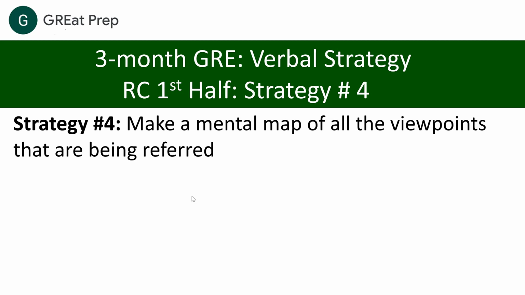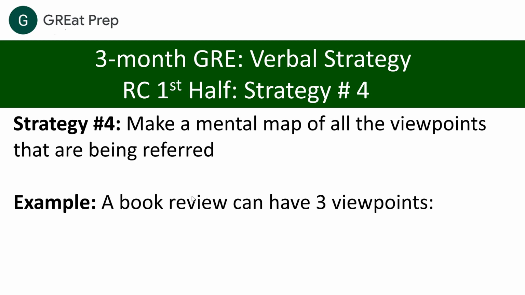This strategy, at a very high level, helps you make a mental map of all the viewpoints that are being referred to in the RC passage. As an example, consider a book review. If your reading comprehension passage is reviewing a book, you can have at least 3 viewpoints in that passage that you need to be actively tracking and be aware of.